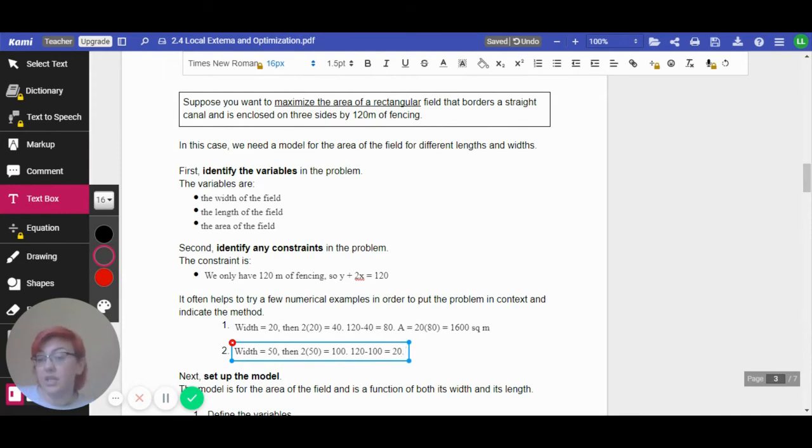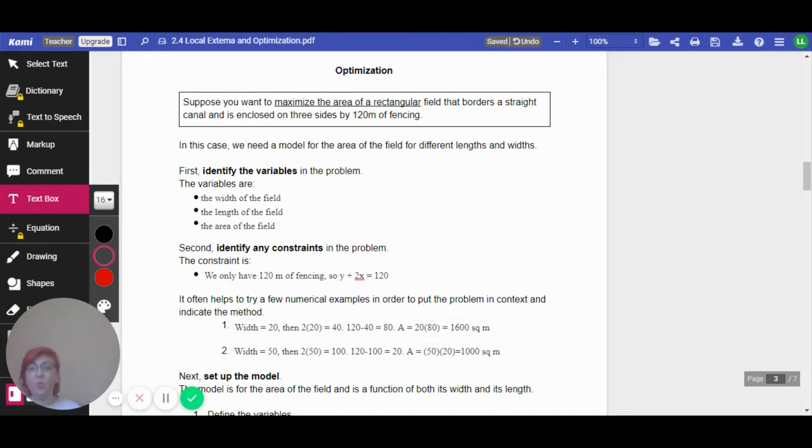So there your length is 20. So your area would be 50 for the width times 20 for the length, and 50 times 20 is 1,000 square meters. Well, you can already see that with scenario 1, I got a bigger field fenced in.